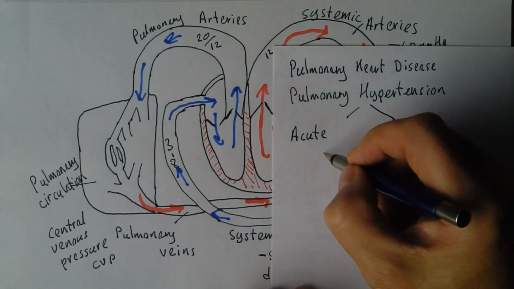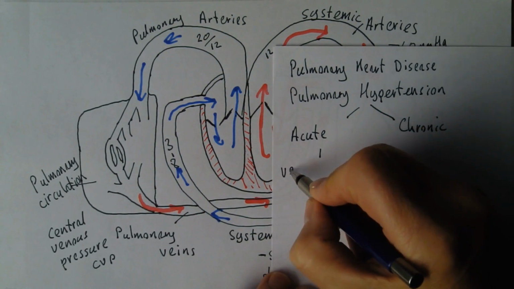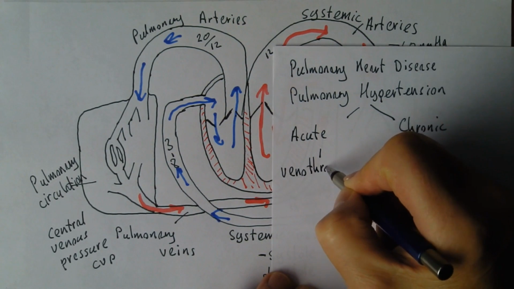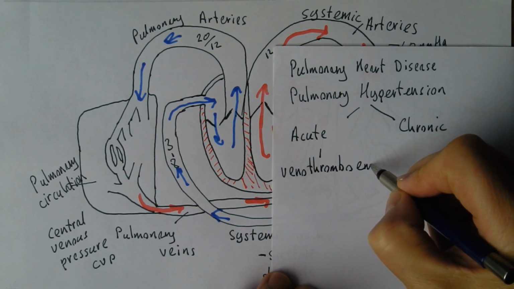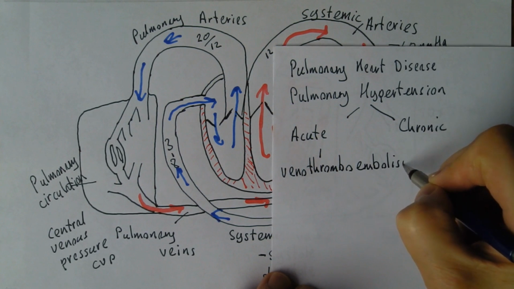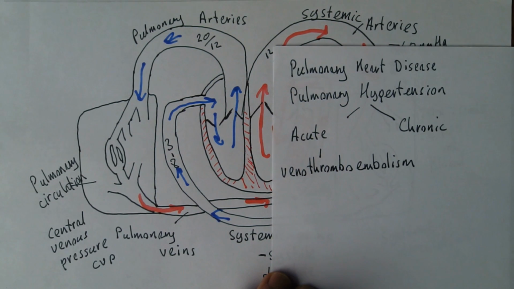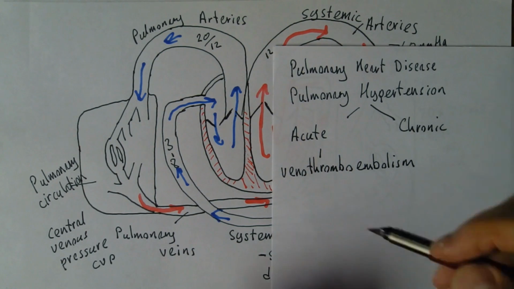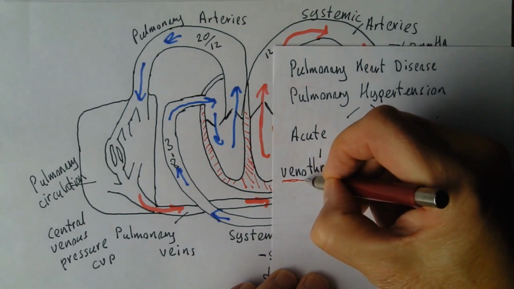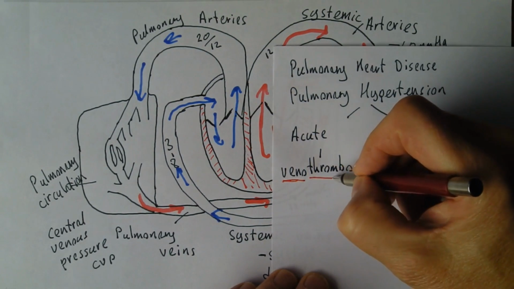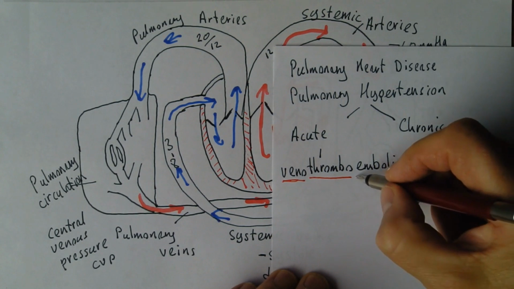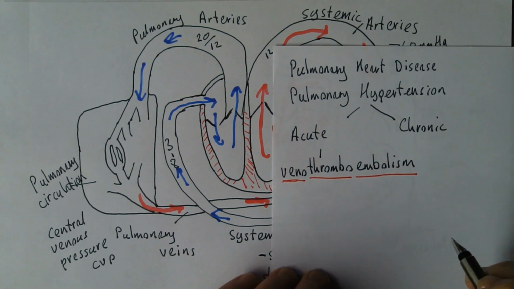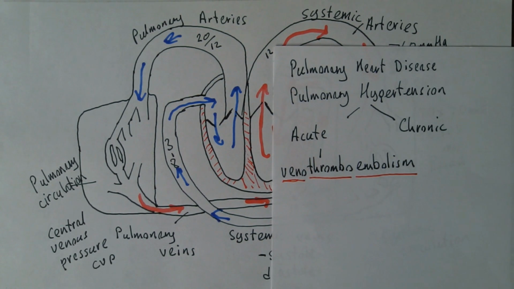Now, the acute form, for example, can be caused by venothromboembolism. So if we look at the word, veno to do with the veins, thrombo, a thrombus is a blood clot where there should not be one, and an embolism is when that blood clot moves in the venous system.